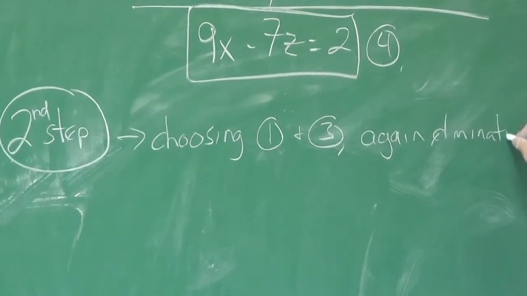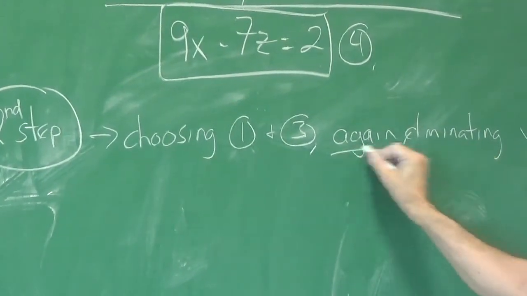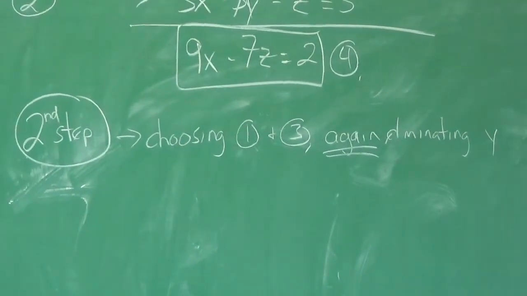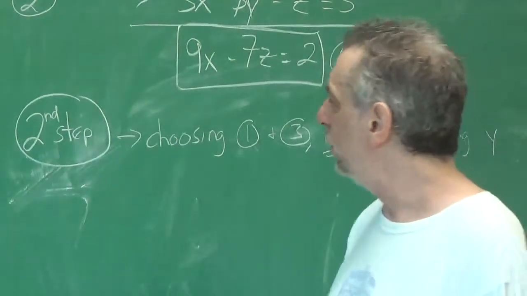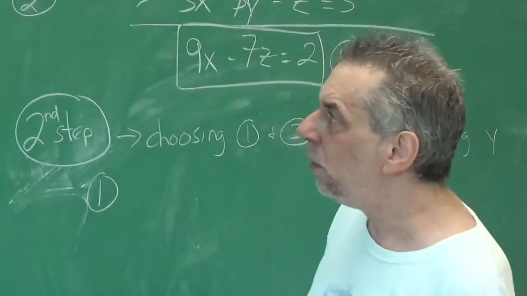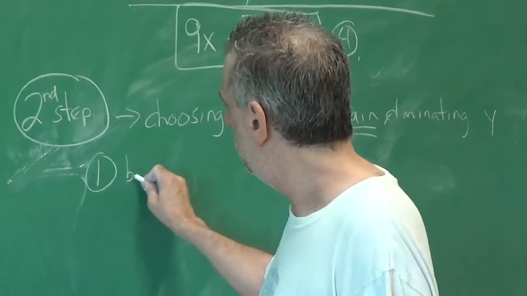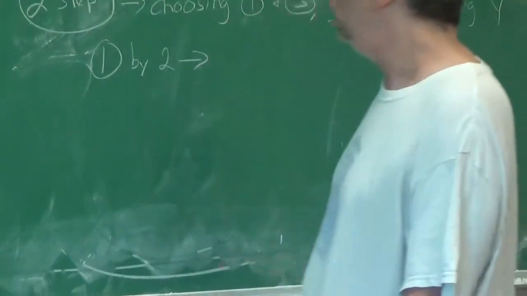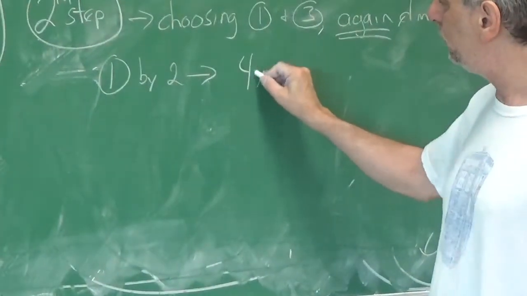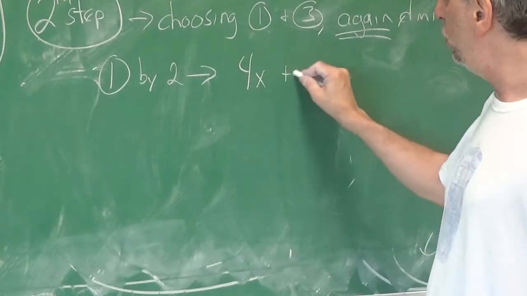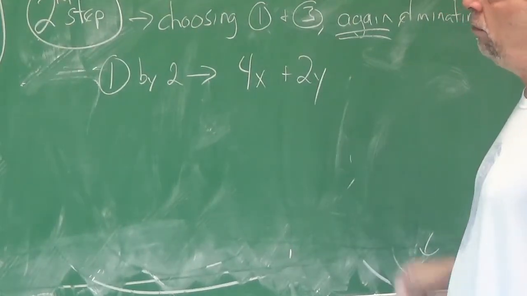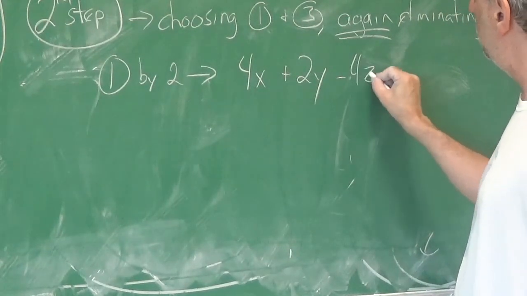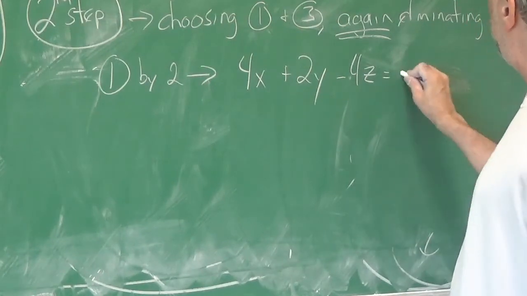Very important that you eliminate the same variable that you did in step 1. Okay, so now I'm going to let equation 1, I'm going to multiply it by 2 to get 4x plus 2y minus 4z and negative 2.